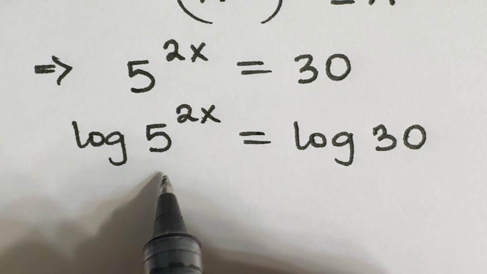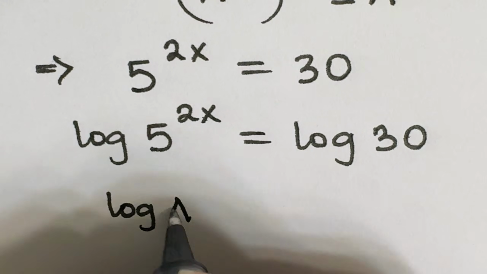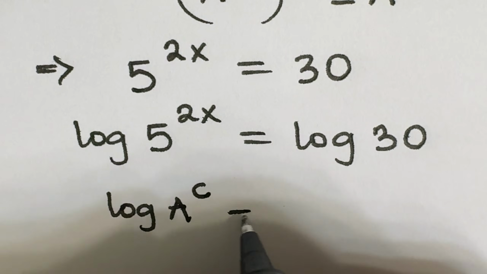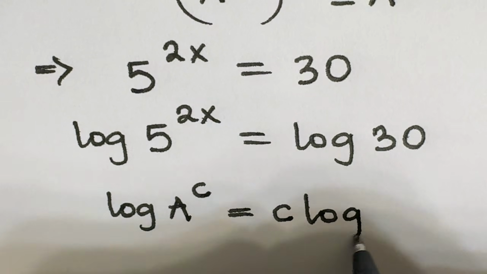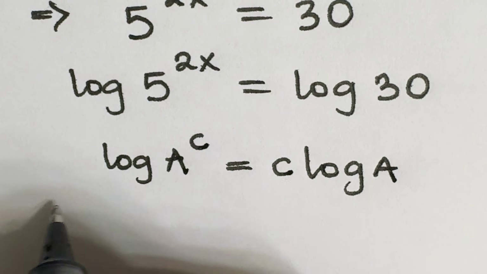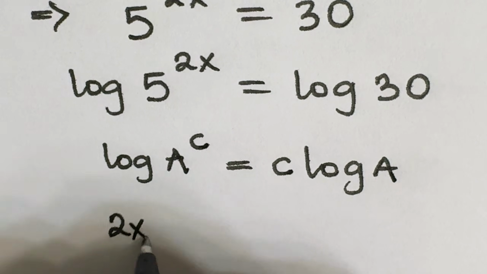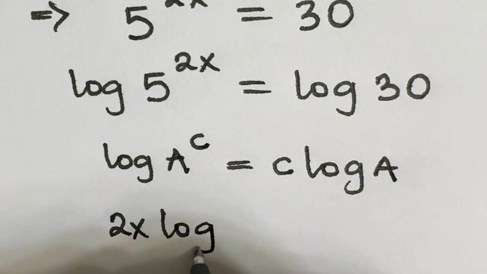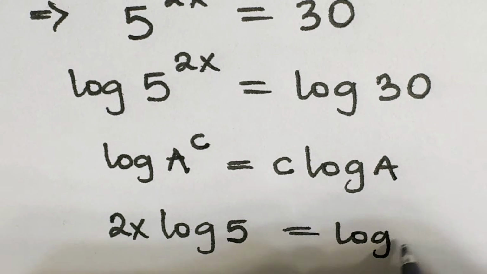The expression on the left hand side is of the form log a raised to power c, and by law of logarithm, this is c times log a. So our equation becomes 2x times log 5 is equal to log 30.